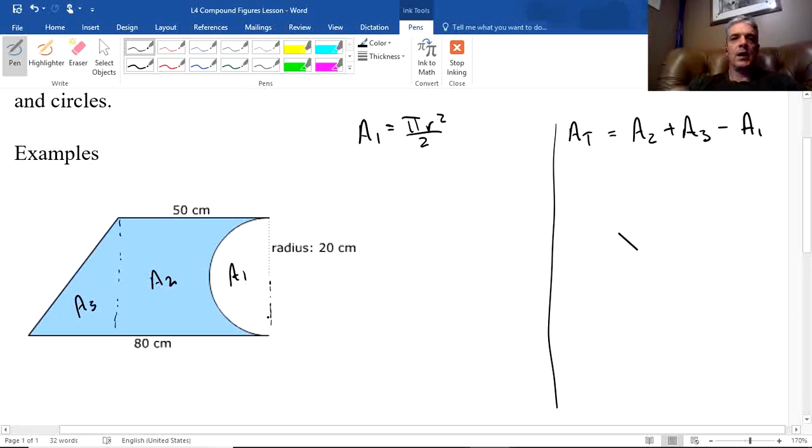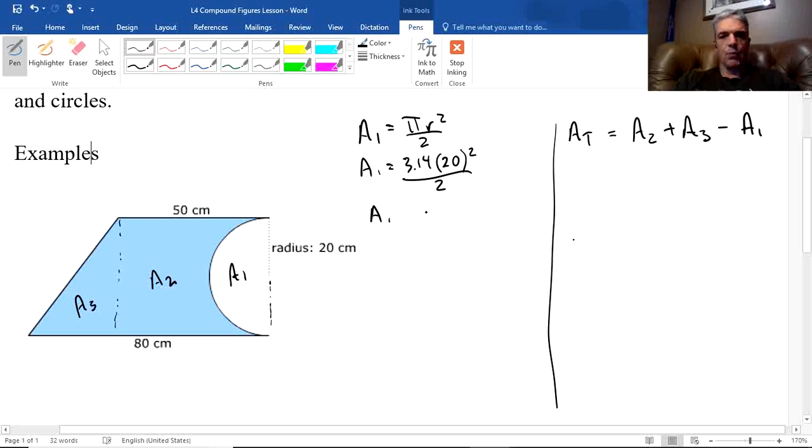My radius is given to me, so it's not that difficult. So area 1 equals 3.14 times 20 squared, and that whole thing is divided by 2.